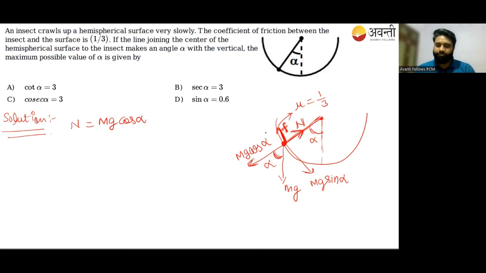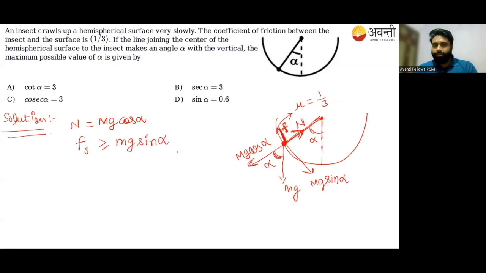This limiting friction cannot exceed its value, but mg sin alpha can, because alpha is increasing here. So what we can say is that the friction force on the surface is greater than or equal to mg sin alpha.